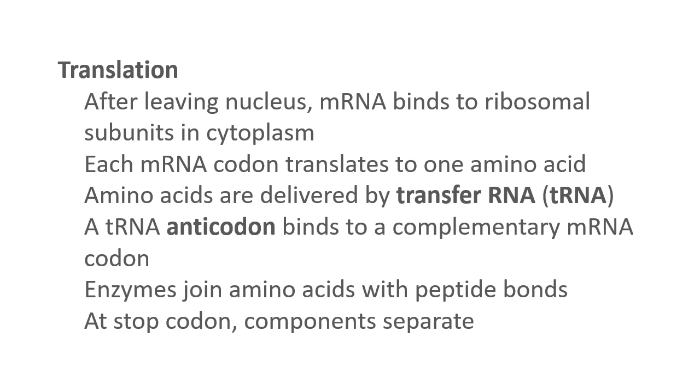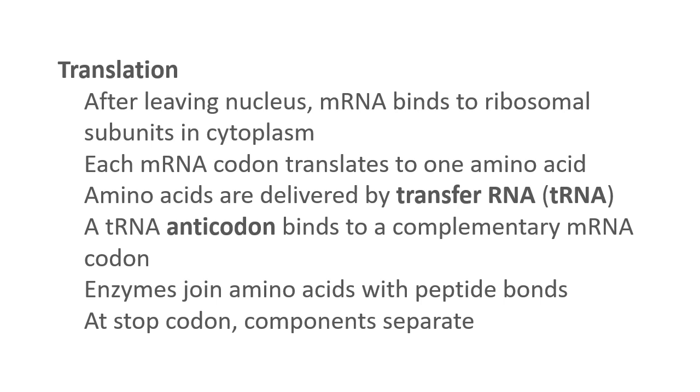So after leaving the nucleus, the mRNA binds to the ribosome. It gets on the table. So it's a pattern on the table. And each mRNA has codons. The codon is a triplet of nucleotides. And each one of those codons translates to a specific amino acid.